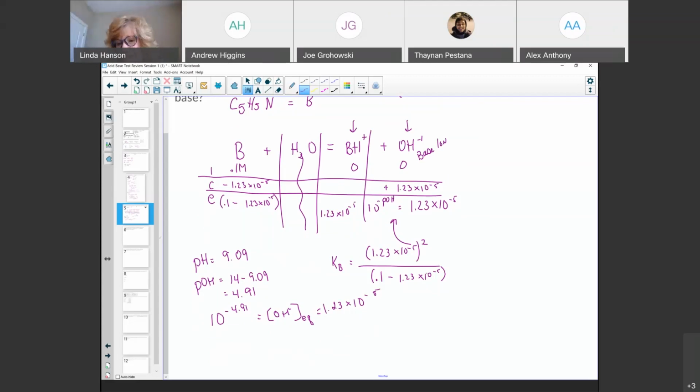And now it's just a simplistic calculation of products over reactants. And again, the reason I selected this was to remind us at equilibrium, the pOH gives us the hydroxide ion. So let me hit that for us. Negative 5 squared divided by the difference between the two.